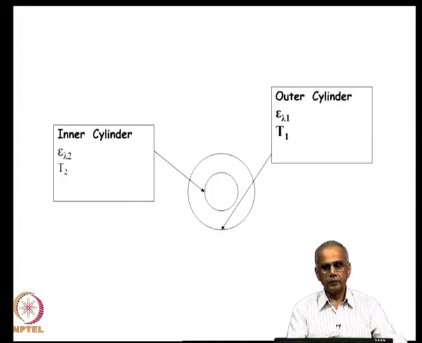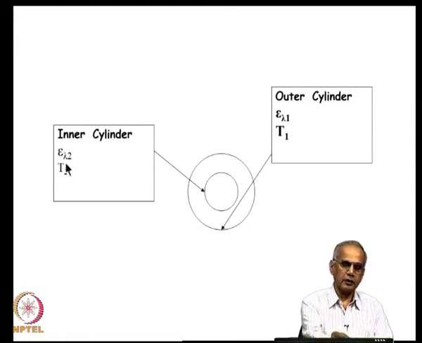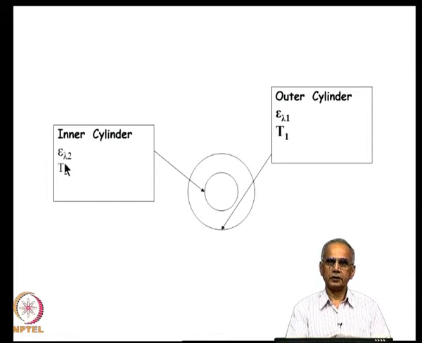So, to do that, we treat the Dewar flask as two simple parallel cylinders. The inner cylinder is at temperature T2, which is close to the boiling point of hydrogen or nitrogen, and the emissivity of the outside surface, which is silvered, is epsilon lambda 2. So, we are reminding ourselves that the emissivity of the surface is not constant, it is not gray, it is a function of wavelength.